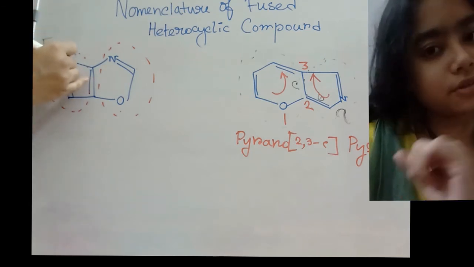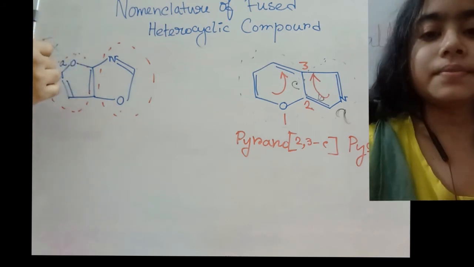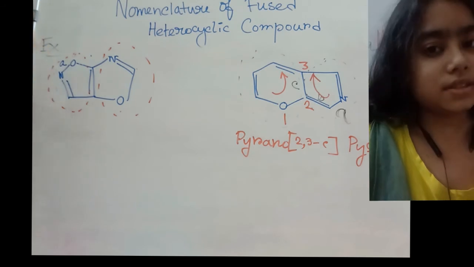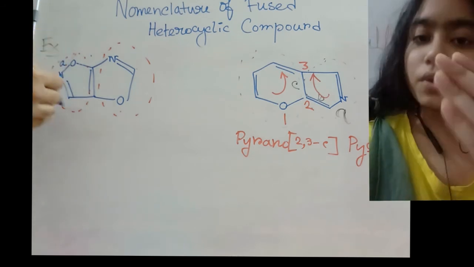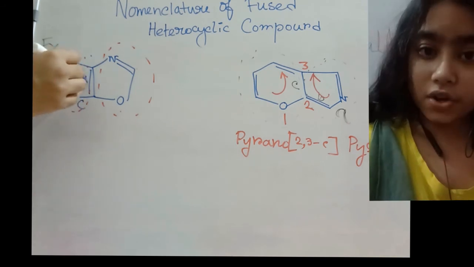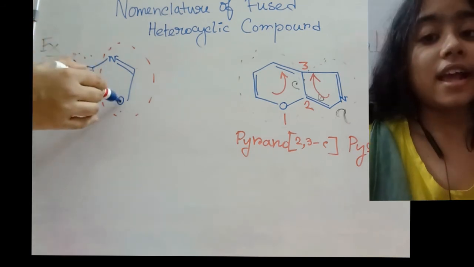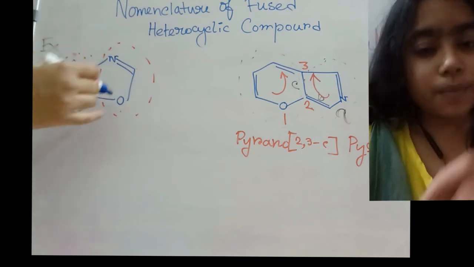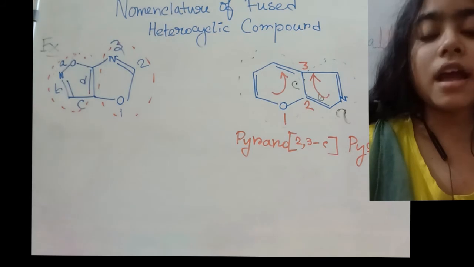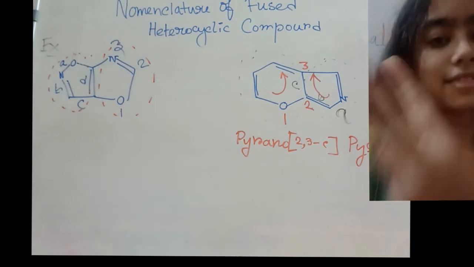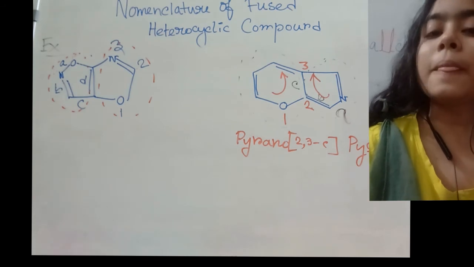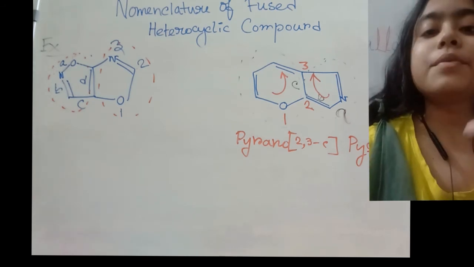A, then we will go this side, because the heteroatom is this side. We will always go from the heteroatom to the ring junction. So A, B, C and D. And for the prefix, the numbering will be 1, 2 and 3 according to the priority.